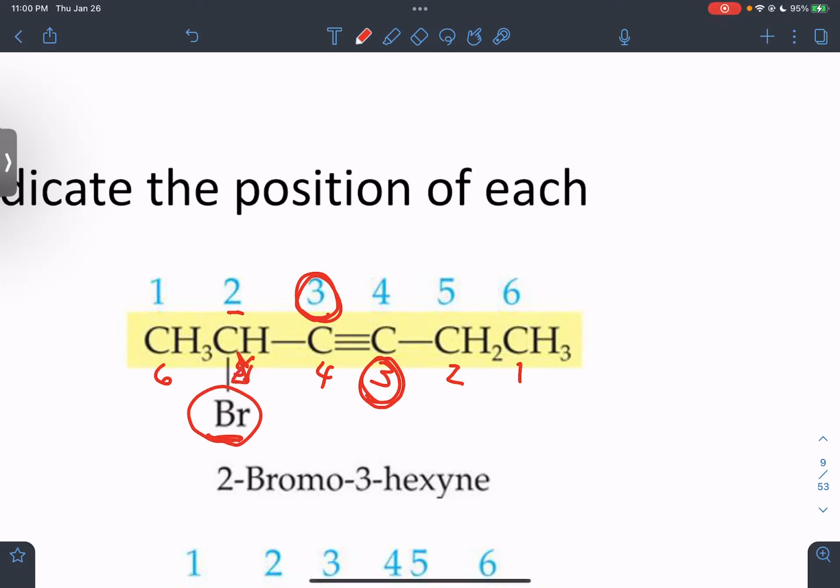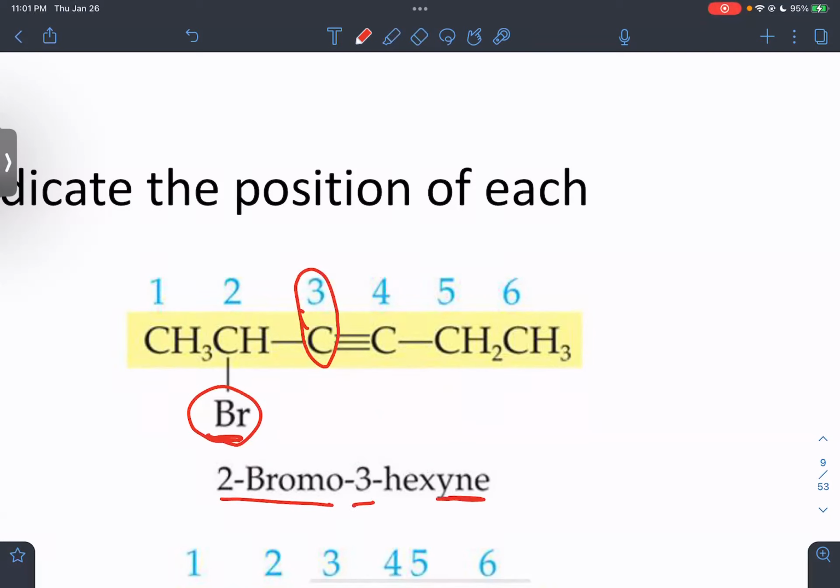Oh, 5's too big. So we're not going to use any of the red numbers, right? We're just going to use the blue ones on top. So we have a 2, we have a 2 bromo group, and then carbon 3 is the first carbon that participates in the carbon-carbon triple bond. So we're going to end it in YNE, and we have something 6 long, so that's hex.